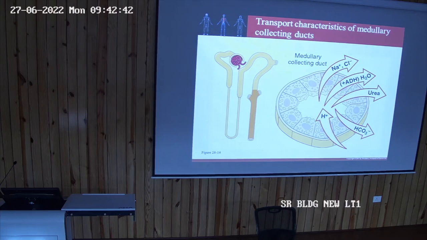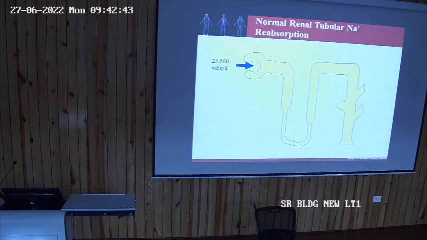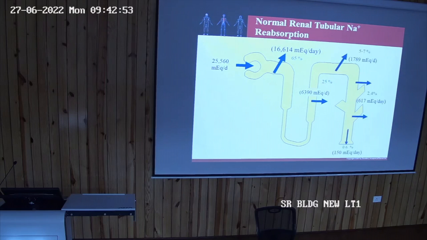Clear? Which types of reabsorption have we covered? Okay, this is just an example of the load of sodium. How much is getting entered into the filtrate? The filtrate is 25,560 milliequivalent.